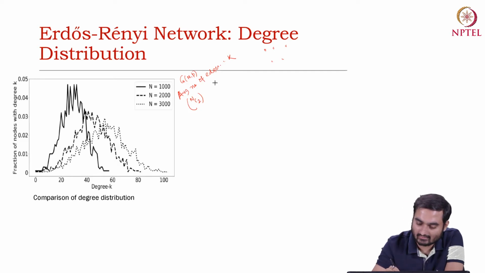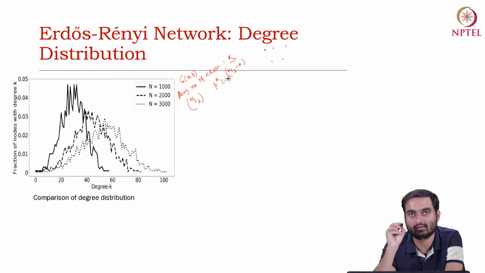So for each of the k edges which are formed, the probability is p. So for k such edges it should be p to the power k, and for the n C 2 minus k possible pairs, the probability would be 1 minus p, because these n choose 2 minus k pairs have not been connected.